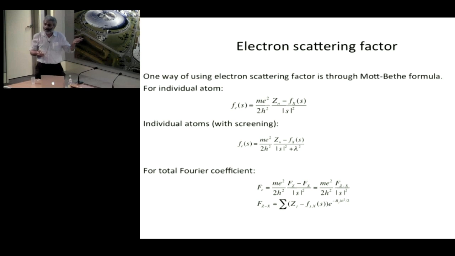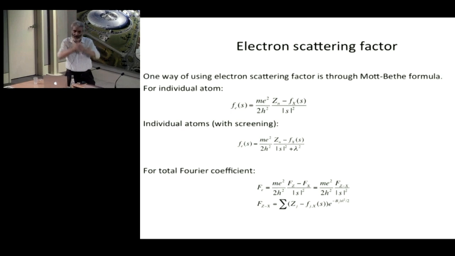That's one side of that. But in practical terms, it means that at high resolution you would have very big peaks, and it would mean that in principle observing electron diffraction would not be that easy.